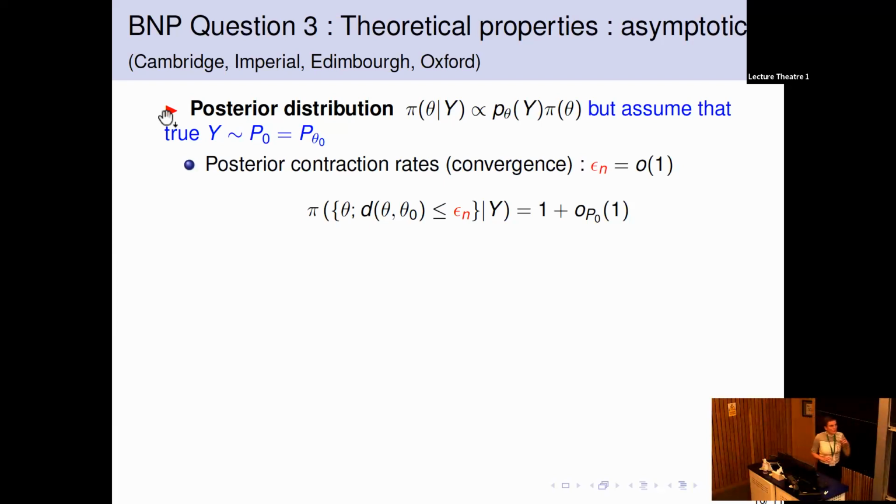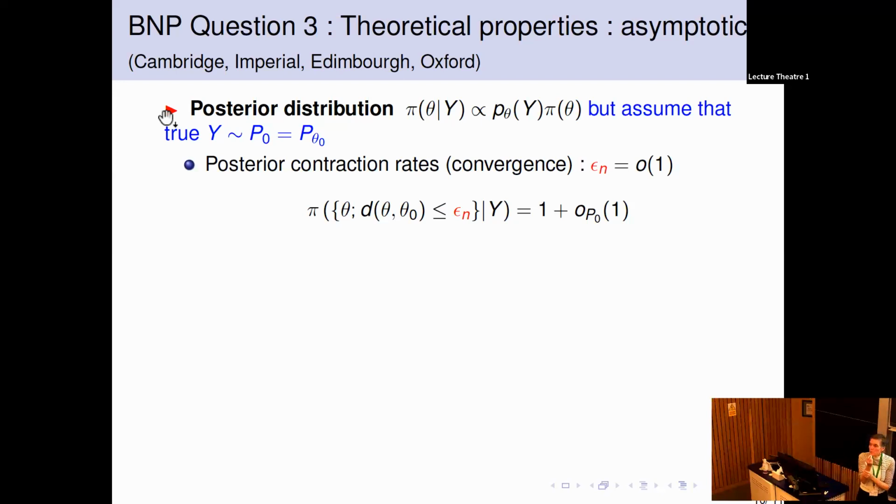The kind of statistical property you are interested in when looking at the posterior distribution is: if I increase the number of observations, am I going to learn what I want to learn? How do you say that? Is my posterior distribution on theta going to concentrate towards the point parameter I'm looking for?